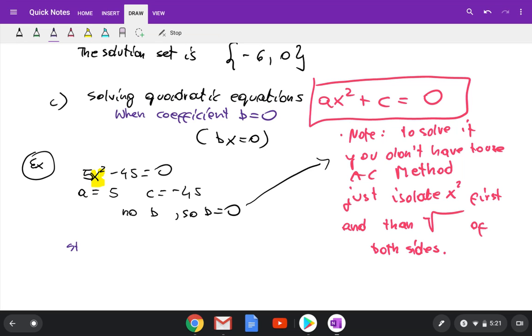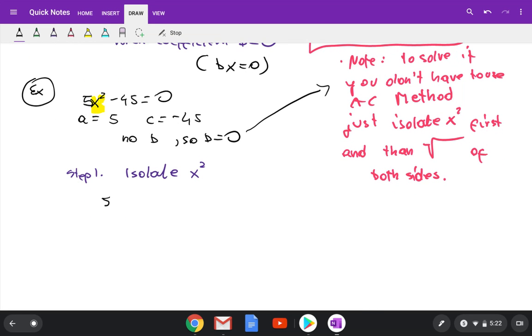So step 1, isolate x squared. So to be able to do it, we add 45 and then divide both sides by 5. So we have 5x squared minus 45 equals 0. Add 45 to both sides.